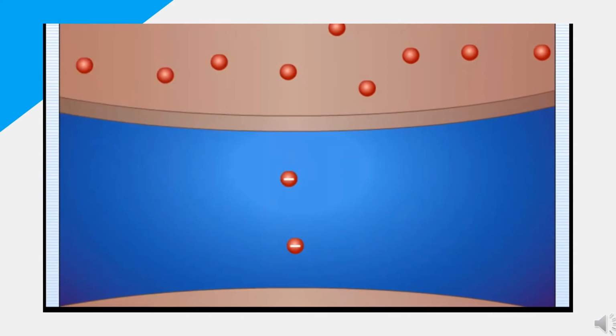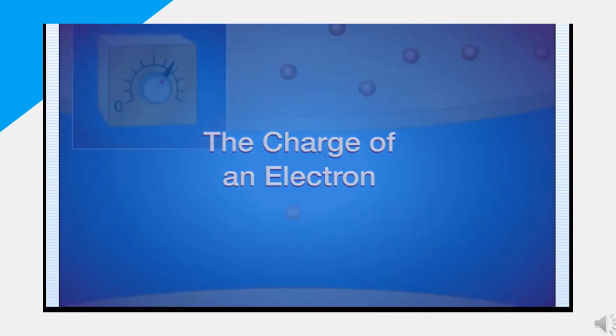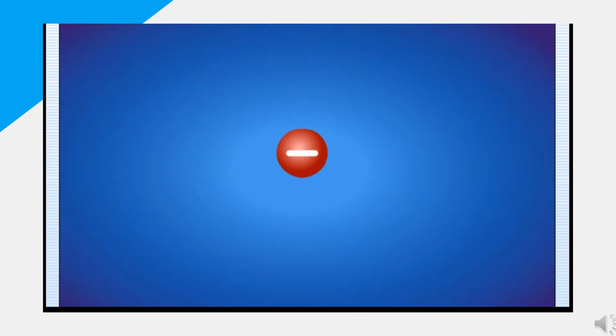As voltage across the plates is increased, the velocity of the oil drops slows. At the right voltage, an oil drop can be suspended. For a suspended oil droplet, its weight is equal to the electric force applied.